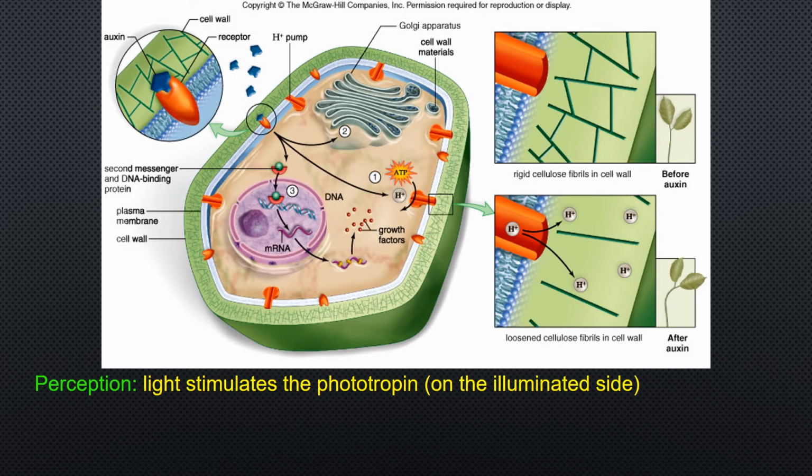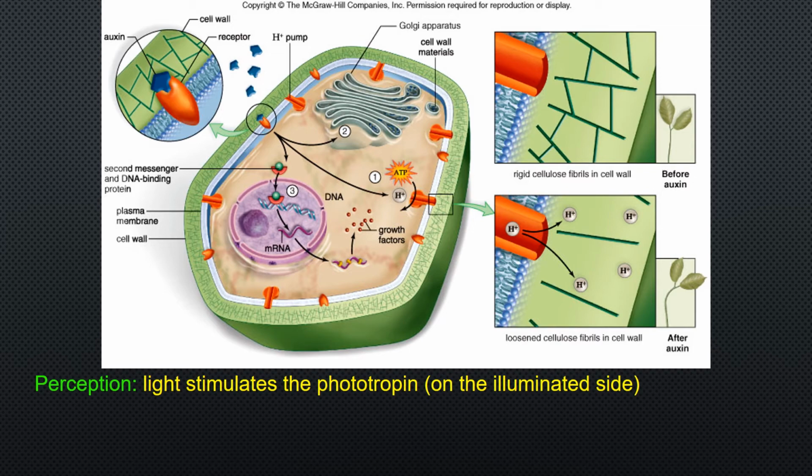So how does that happen at the cellular level? Well, remember we had auxin being released from the illuminated side of the plant, and we said that that migrated over to the shade side of the plant. Once we're on the shade side, now we're looking at the cells on the shaded side of the plant, we start our whole new cascade process again.